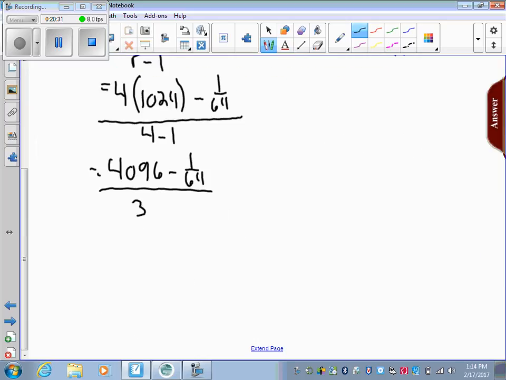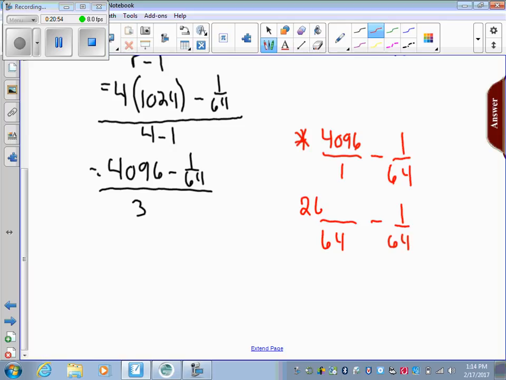Again, you need a sidebar over here to figure out the fraction. So 4,096, right now it's over 1. We can't subtract that until they both have 64 as their denominator. So in order to get the numerator equivalent, I multiply by 64. 262,144.